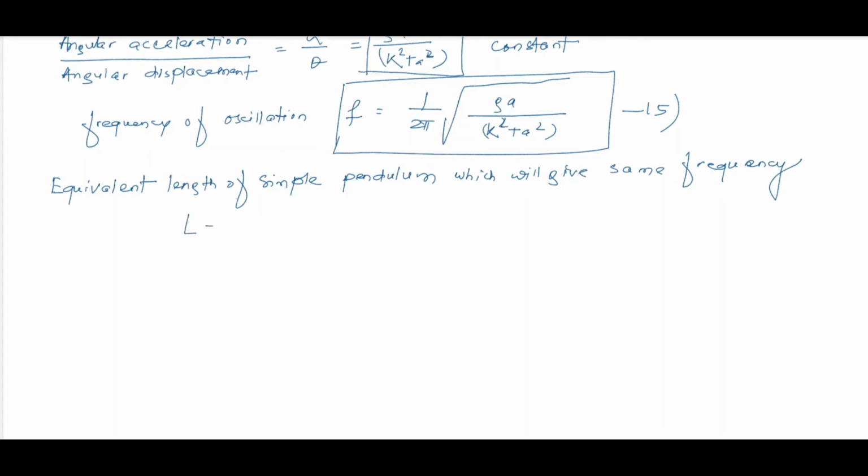So the equivalent length L is basically k square plus a square divided by a. Remember this. So this is basically k square by a plus a. This is equation 6.